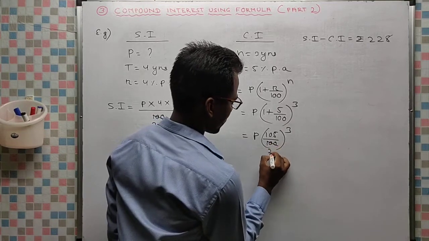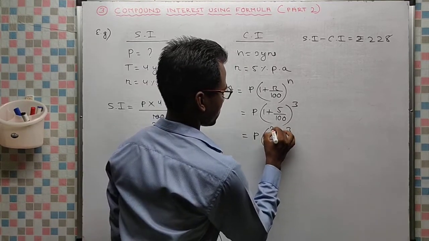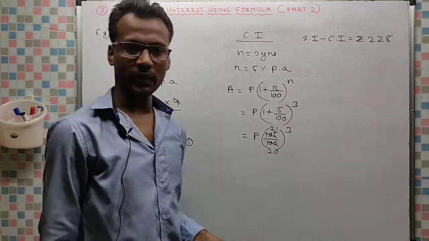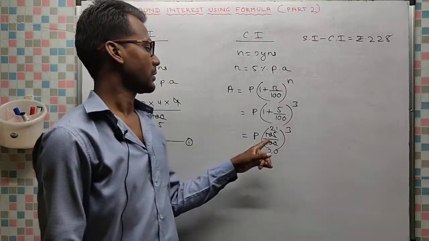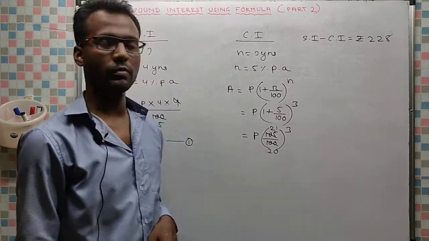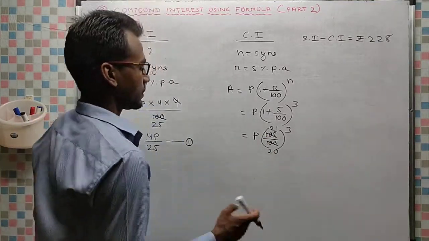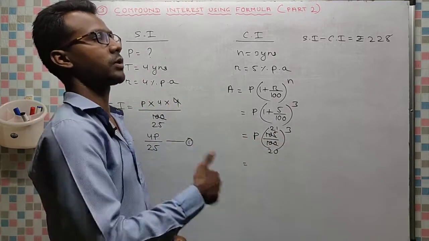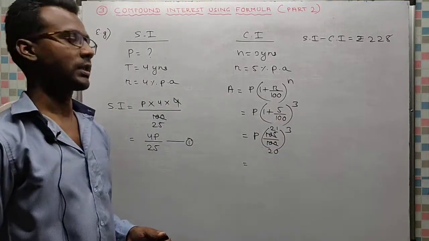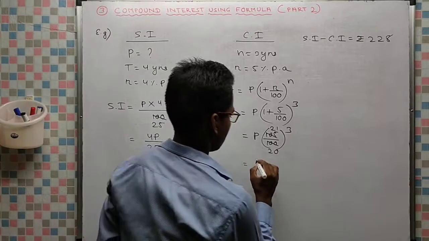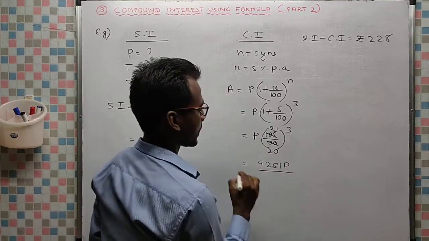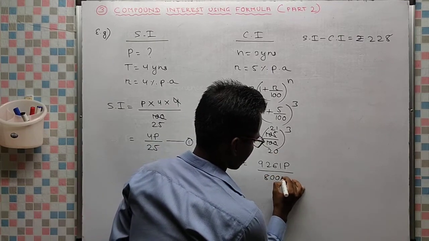This can be simplified by division by 5. Always simplify. 105 by 5 is 21, 100 by 5 is 20. So 21 cube, which is 21 into 21 into 21, which is 9261 P. 20 cube is 8000.